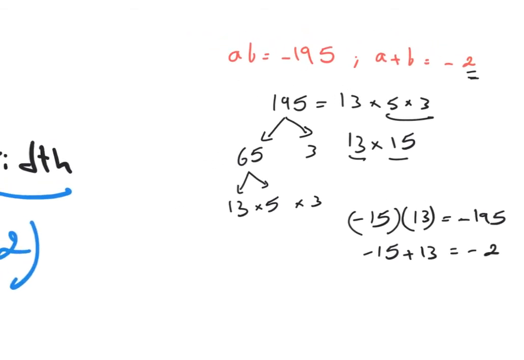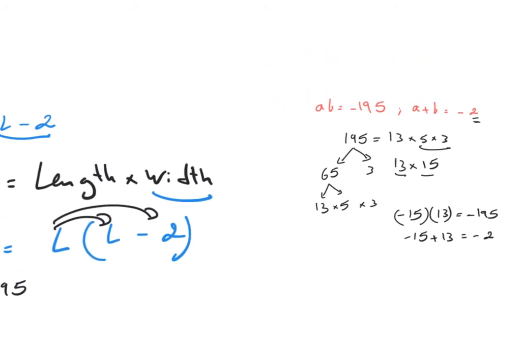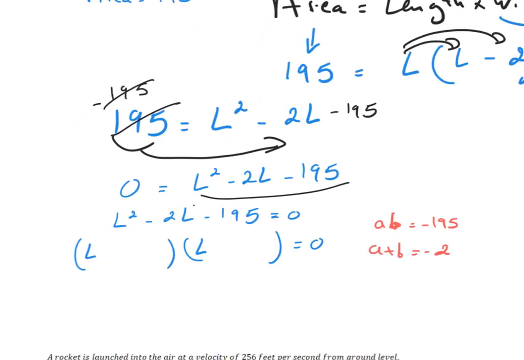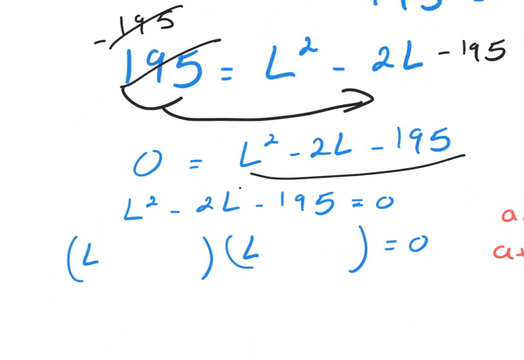So the numbers will be negative 15 and positive 13.